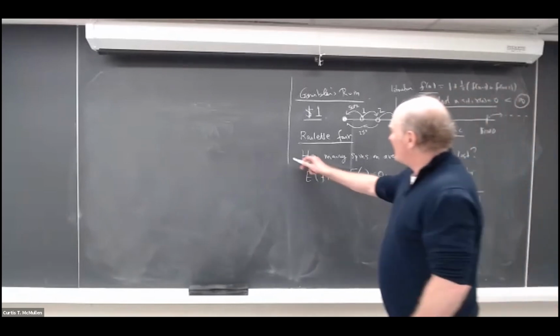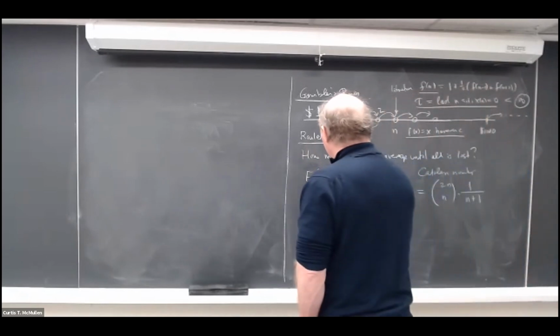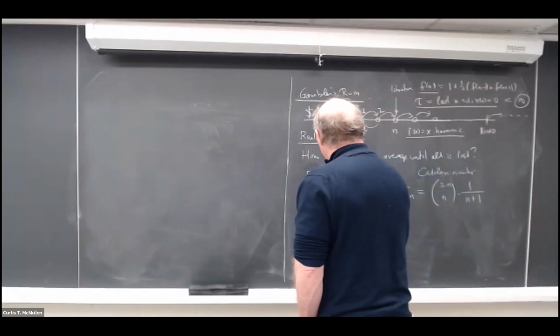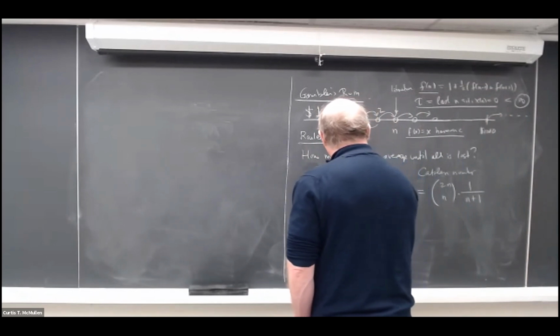Okay. Very good. So a lot of interesting things came up in the discussion, but we will prove this in just a moment. The expected value is actually equal to infinity.